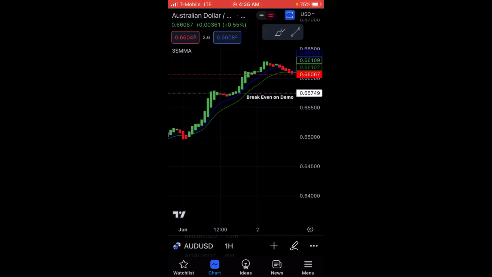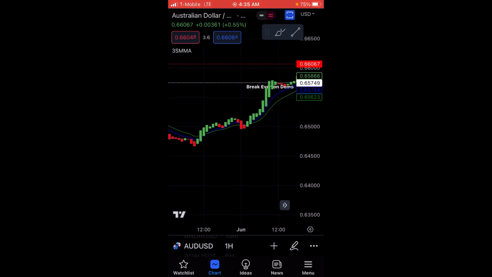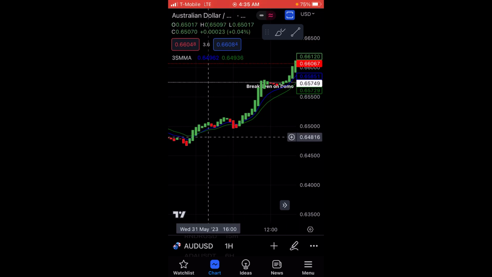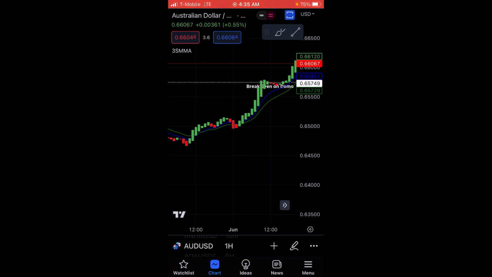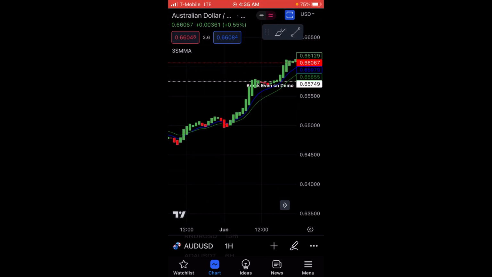So anyway, this is kind of how I'm trading. My first trade really is on Monday. I'm going to be looking at the Australian dollar on the hour, and I'm going to be looking to see if it crosses, and if it crosses, that's going to be my entry point, and I'm going to see how well I do.